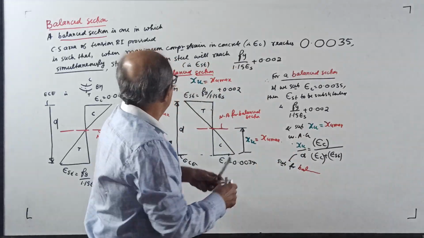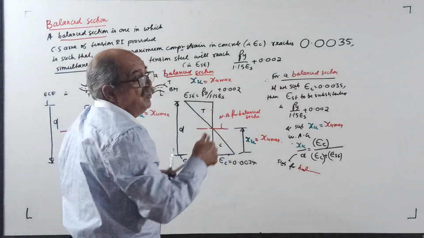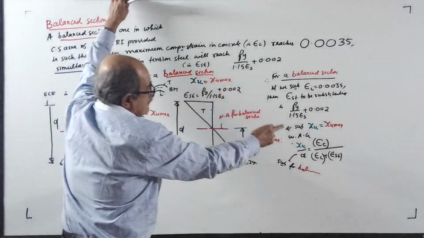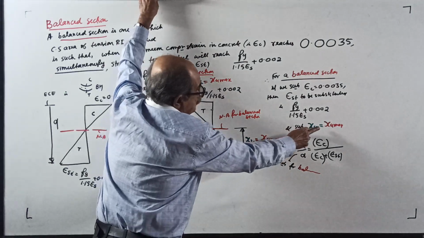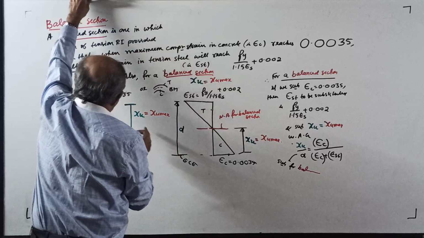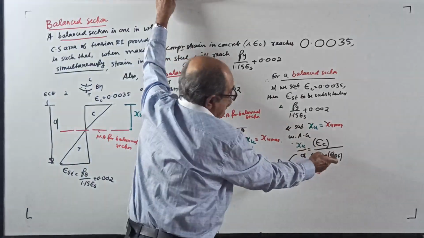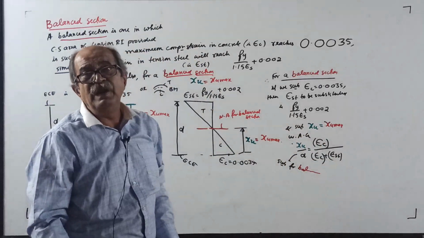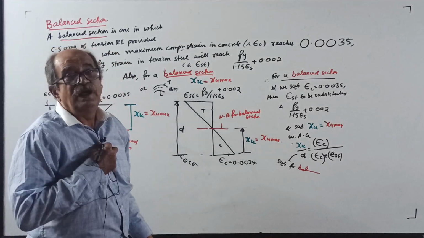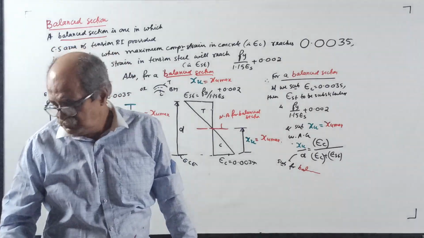I am removing everything now. So when I go to the next round, you cannot see anything. Remember, where xu is there, put xu max. Where epsilon c is there, put 0.0035. Where epsilon st is there, put fy by 1.15 Es plus 0.002. I will write a big note and give some information for it.